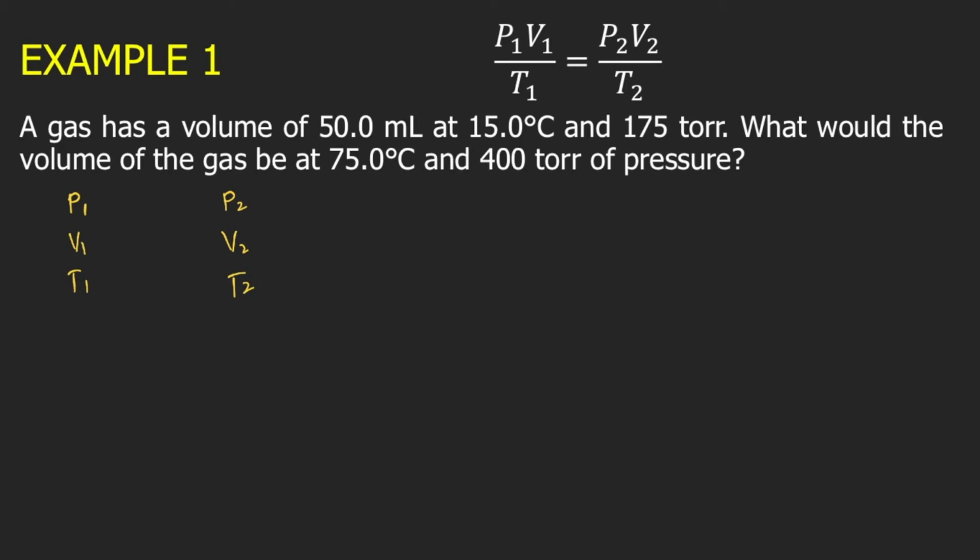So if you read the problem, we are given P1, which is 175 torr. We are also given the initial volume, 50 ml.